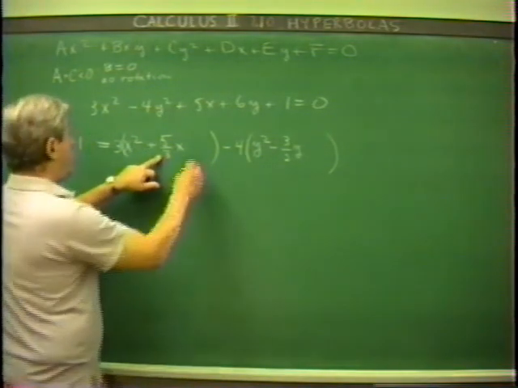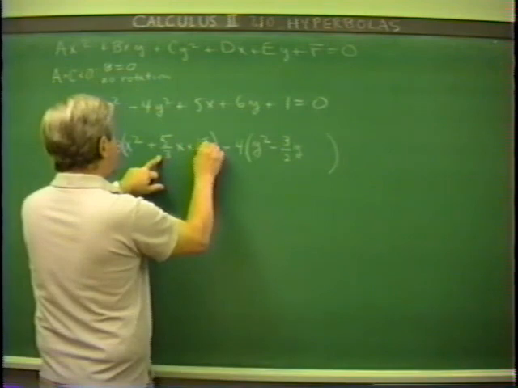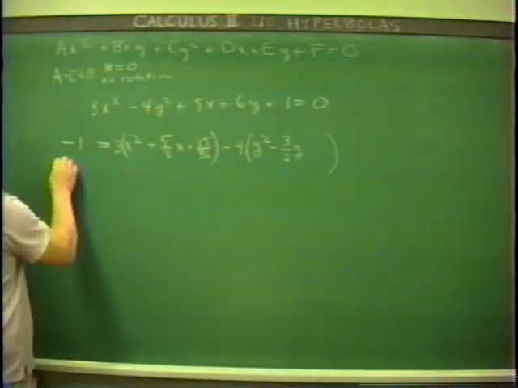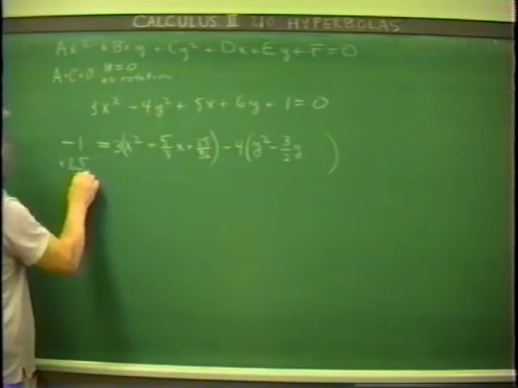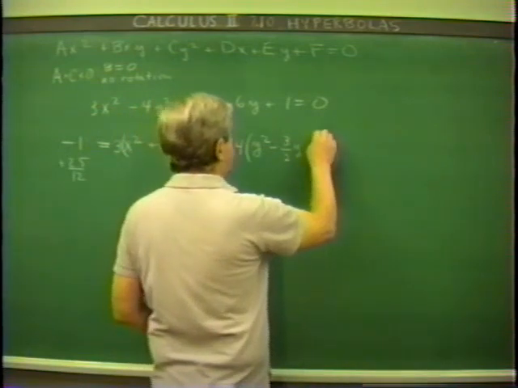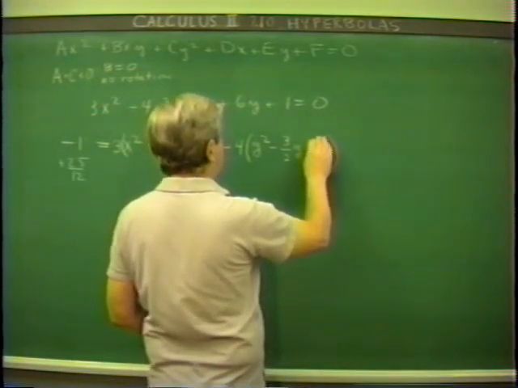And this is going to be equal to minus 1. To complete this square, we divide by 2, get 5/6, so we have to add 25/36. Right? That's to say we've added 25/12 to this side, we have to add 25/12 to this side.